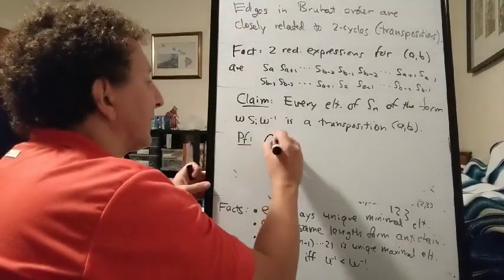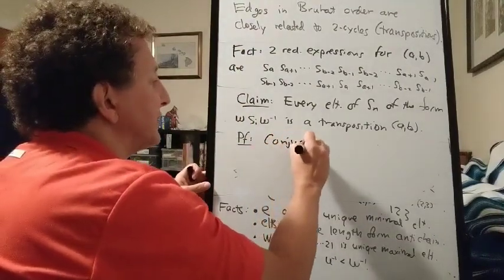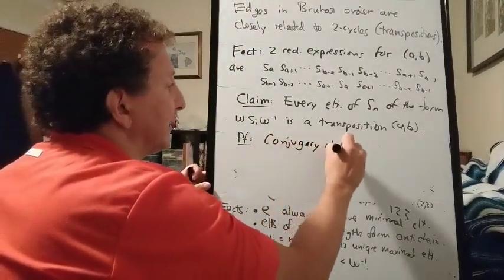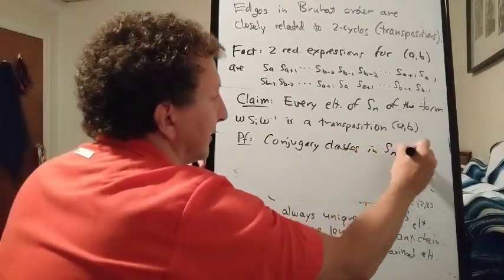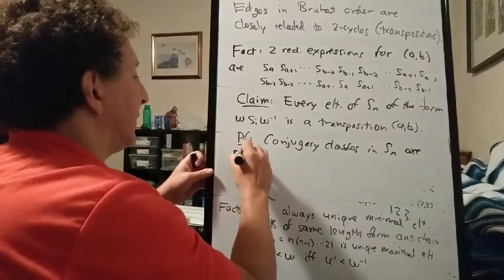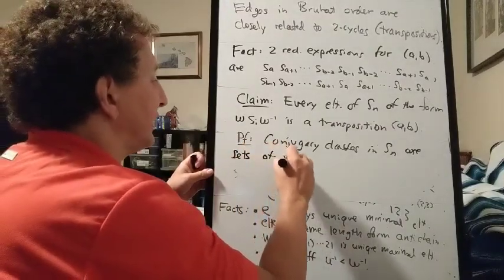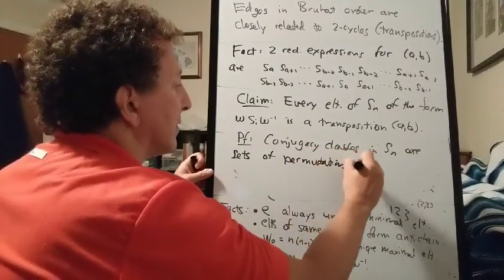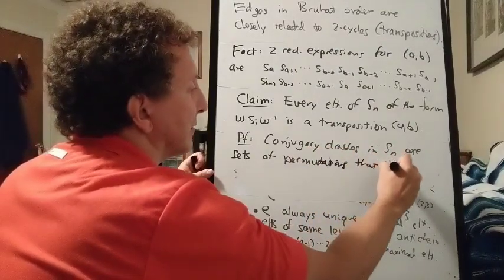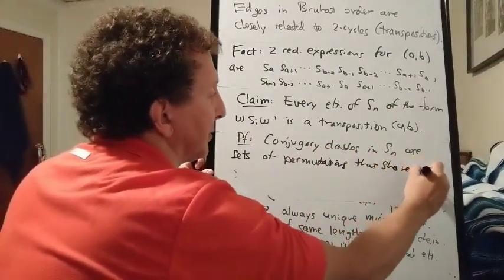So we know that conjugacy classes in Sn are sets of permutations that share cycle type.